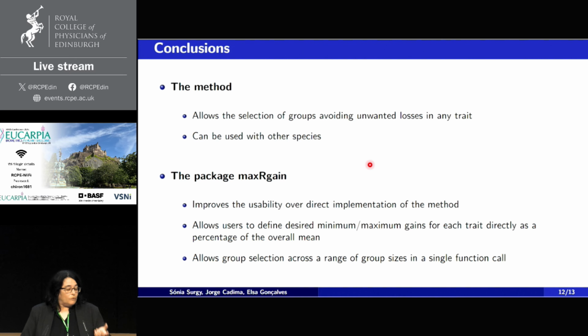Although it was originally developed for grapevine, it can be used for other species whenever the goal is to select groups of genotypes. And the package improves the usability because it's easier to indicate a range of groups or to indicate the gains as a percentage of the mean instead of doing all the conversions.